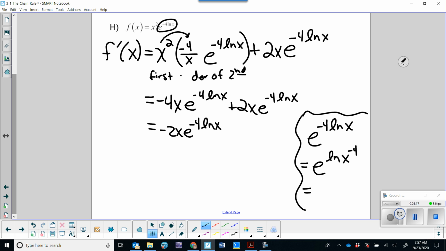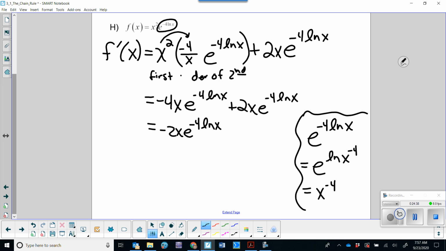So when you have e to the ln of x to the something, you just end up with the something. e to the ln of something is just the inside. So I end up with just x to the negative 4, because e and ln are inverses of each other.